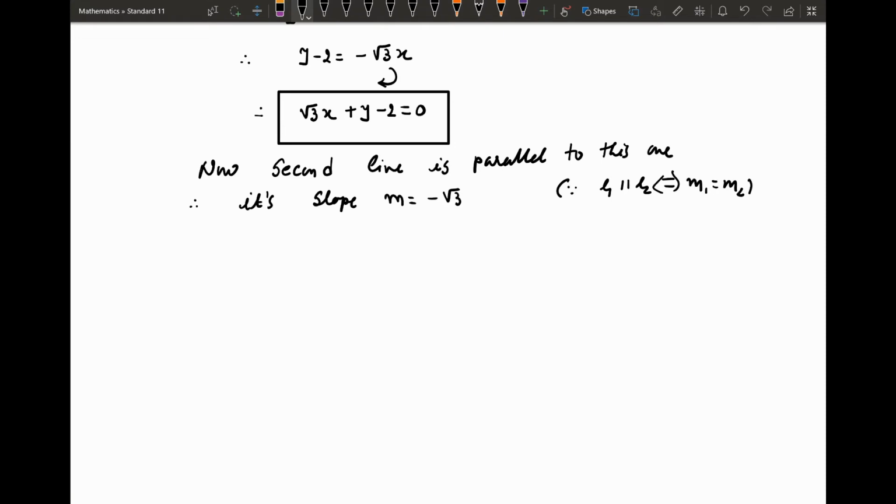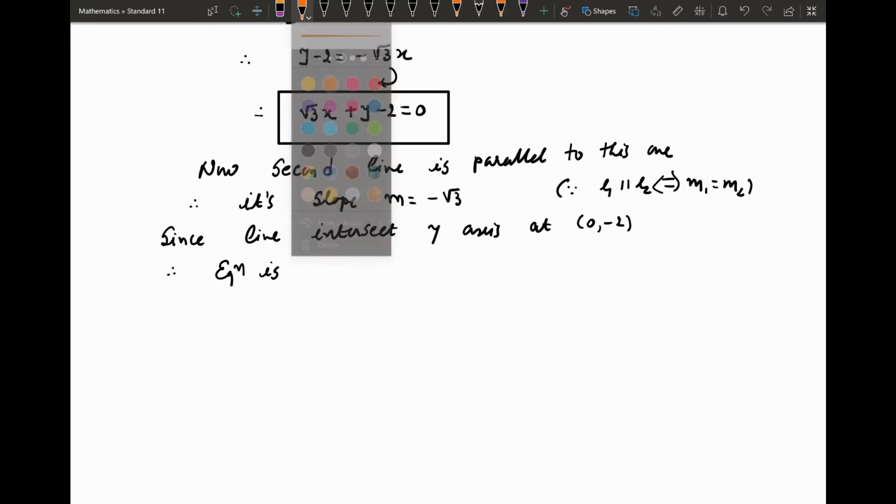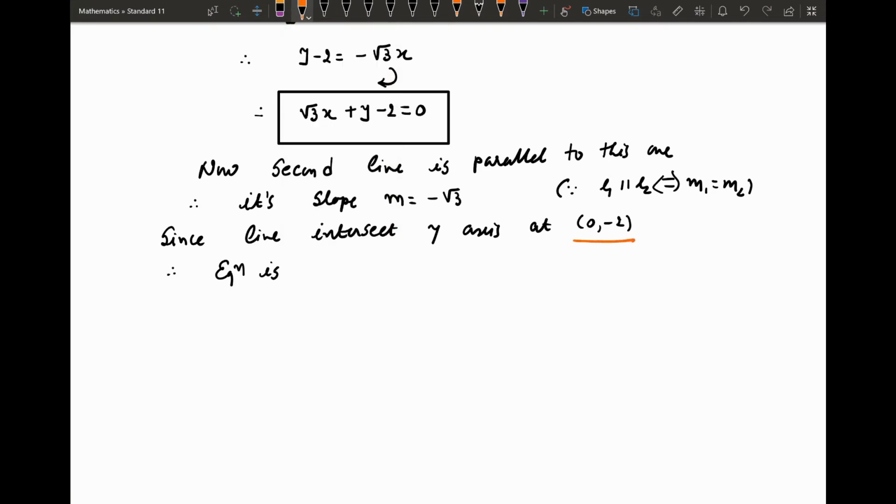We have used this basic fact. Since the line intersects the y-axis at 0 comma minus 2, the equation is, so now you can observe this is the point, this is the slope.